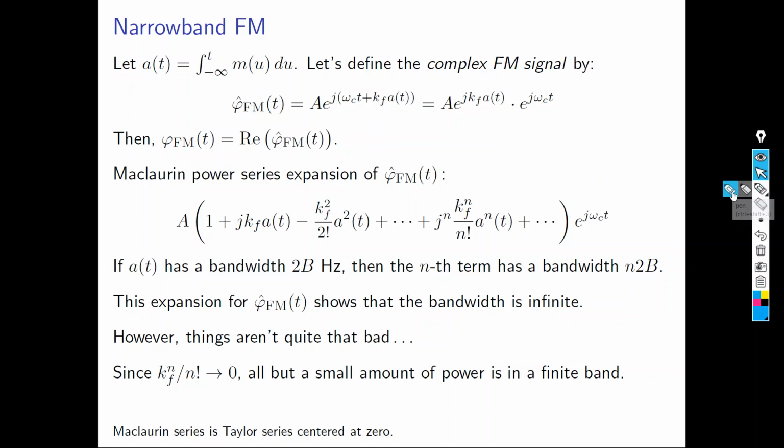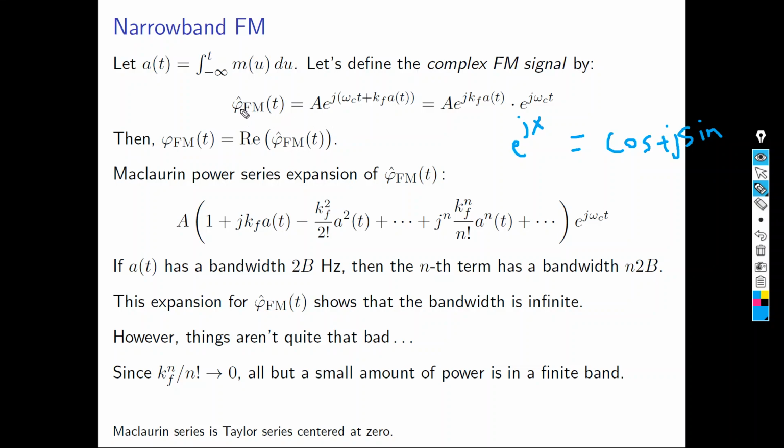You remember that e to j something, anything, is equal to cosine plus j sine. Now, in the previous equation, we wrote the modulated signal in terms of cosine. Now, let's write it in terms of exponential.